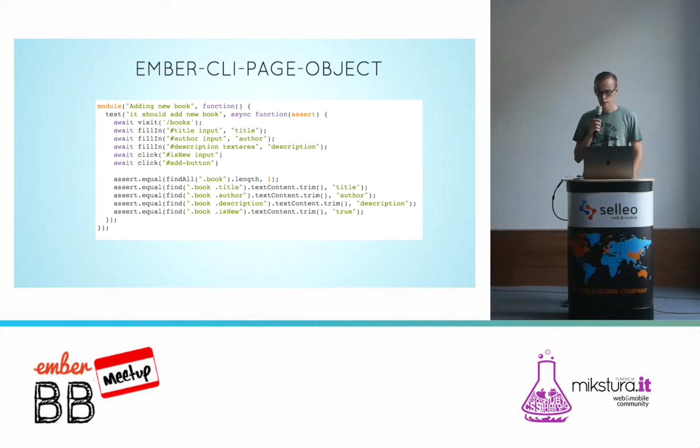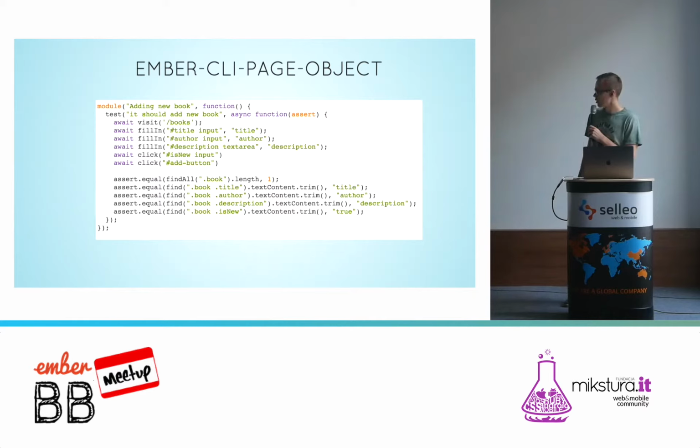The main idea behind the page object pattern is to encapsulate in an object the page or component that we want to test, and hide the details of its HTML structure, exposing only the semantic structure of the page.